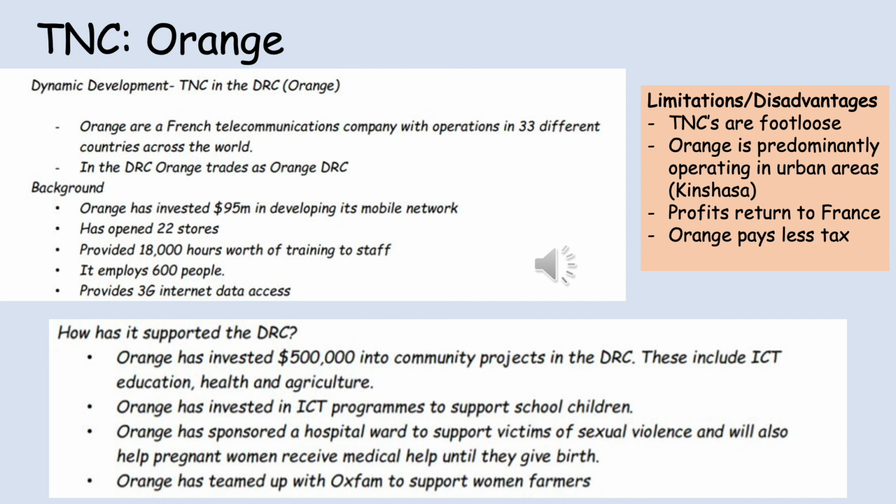They've also invested in ICT programs to support school children, and they've also sponsored a hospital ward to support victims of sexual violence, and will also help pregnant women receive medical help until they give birth. So we can make a link here between this and the Millennium Development Goals and gender equality. They've also teamed up with Oxfam to support women farmers.